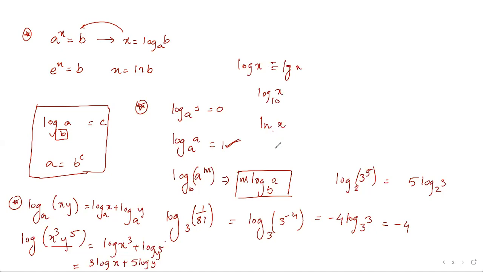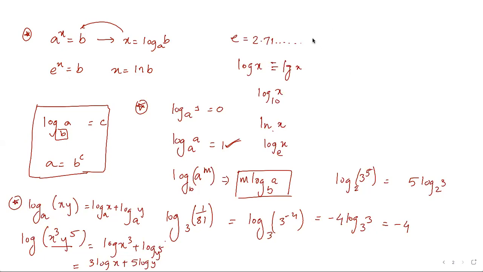So this is equivalent to log x to the base e. And e is nothing but a number, 2.71 and so on. It's an irrational number, also called Euler's number. Remember that these shortcuts are very important.